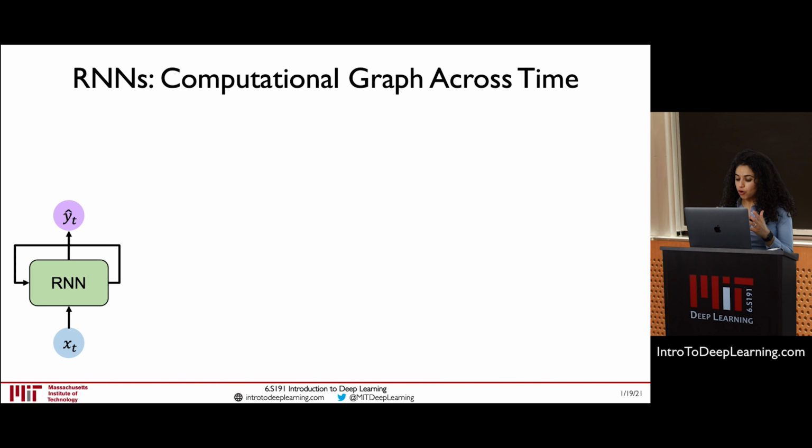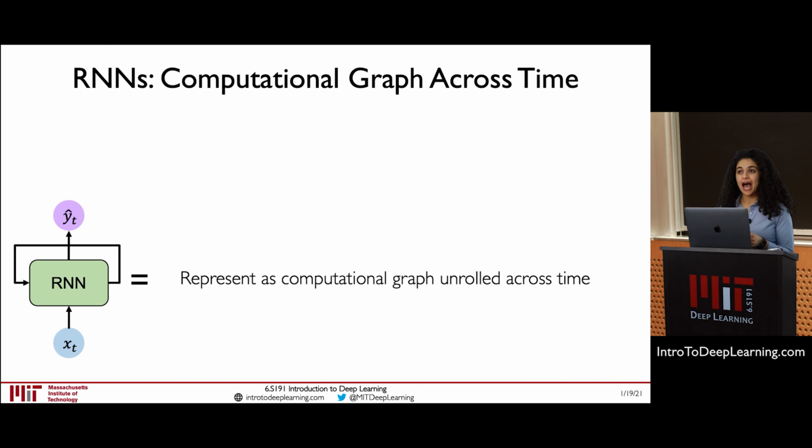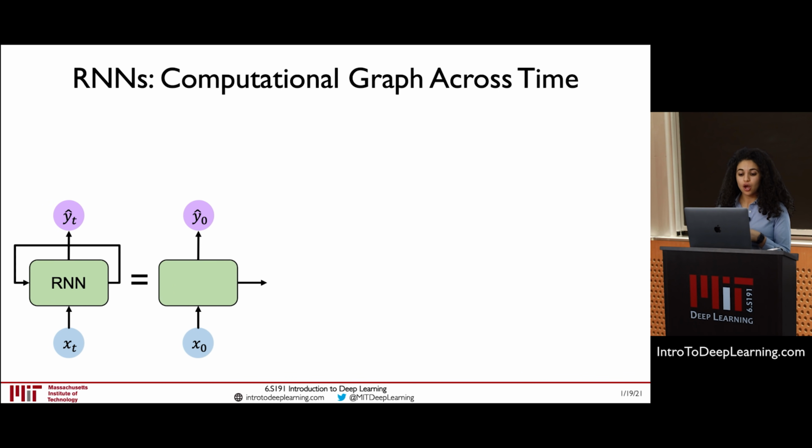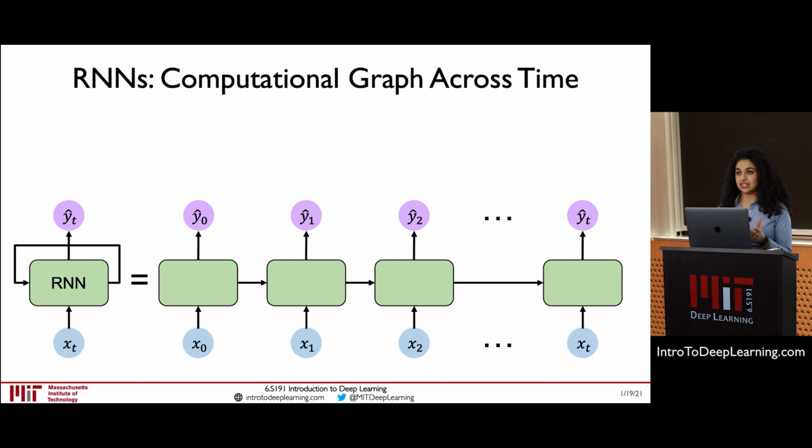All right, so far we've seen RNNs being depicted as having these internal loops that feed back on themselves. And we've also seen how we can represent this loop as being unrolled across time, where we can start from a first time step and continue to unroll the network across time, up until time step t.